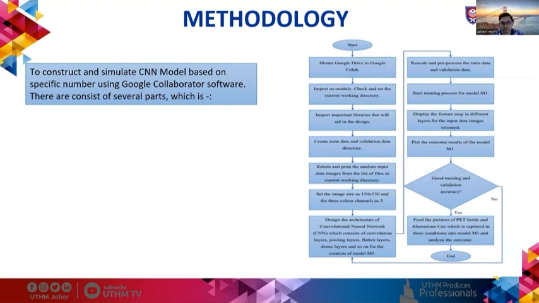Next, we plot the outcome results for M1. If the M1 model has good training and validation accuracy, we go to the next step, which is to pick the pictures of the PET bottle and aluminum can, captured in three conditions, feed them into model 1, M1, and analyze the outcome.